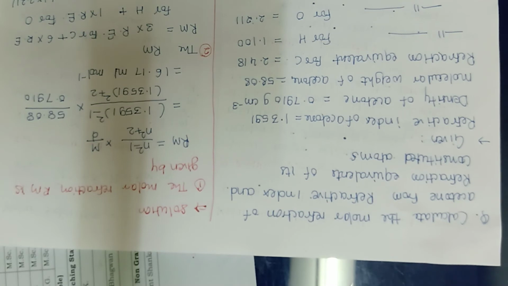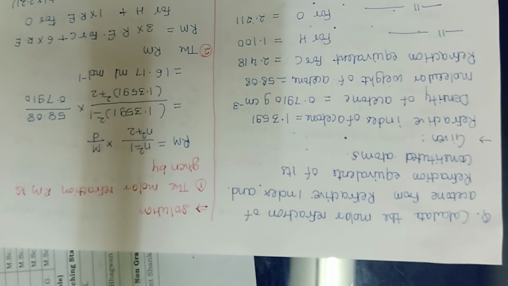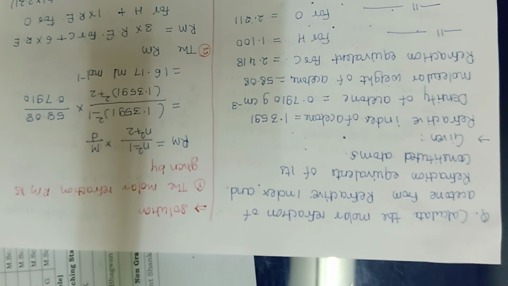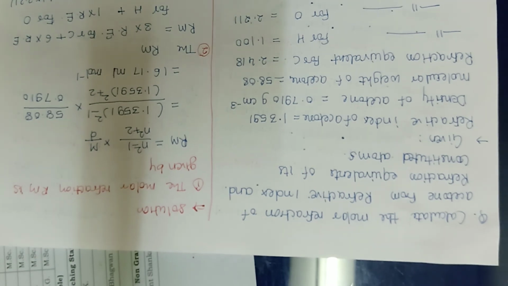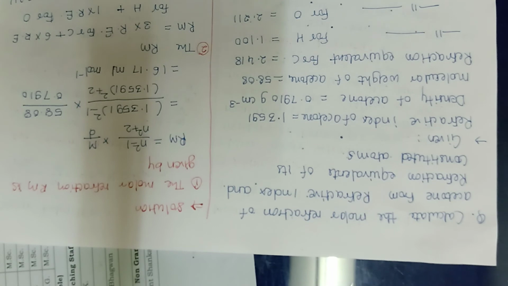In this we have to calculate the molar refraction. The given things are the refractive index of acetone, the density of acetone, the molecular weight of acetone, and the refraction equivalents for carbon, hydrogen, oxygen. Firstly, the acetone structure is CH3, C double bond O, CH3.